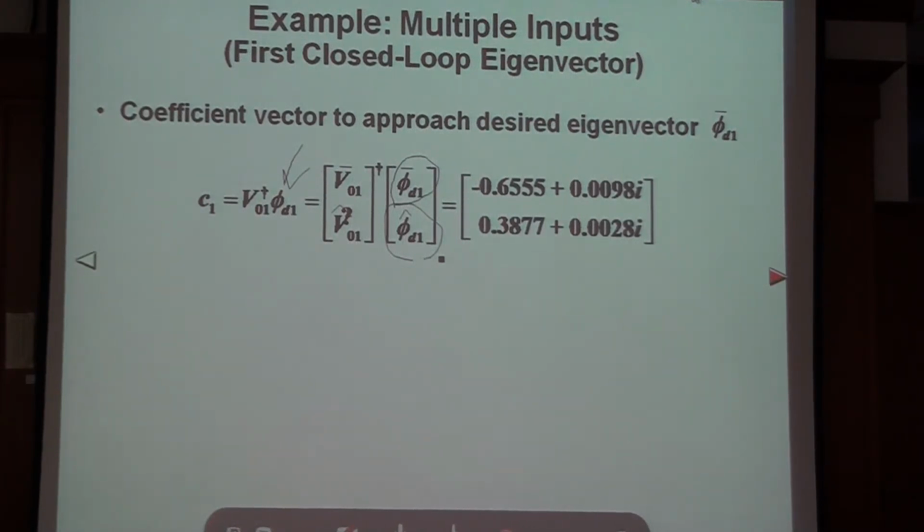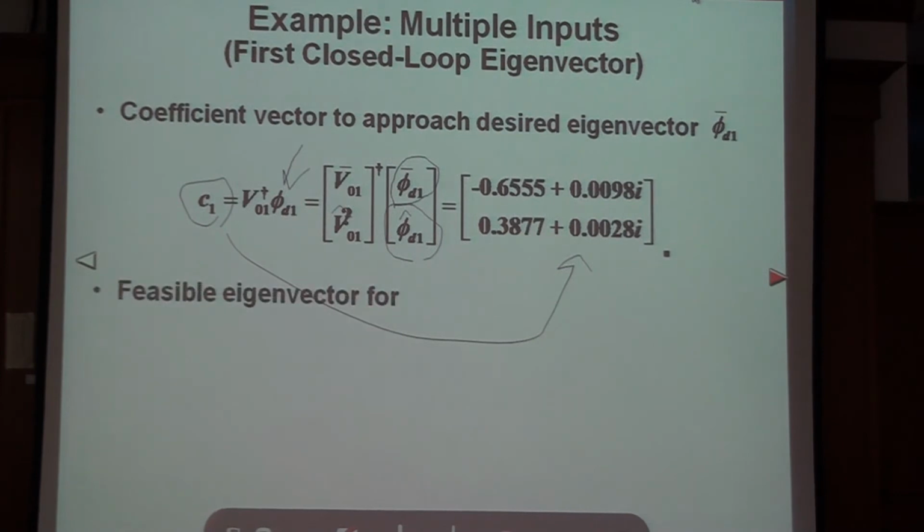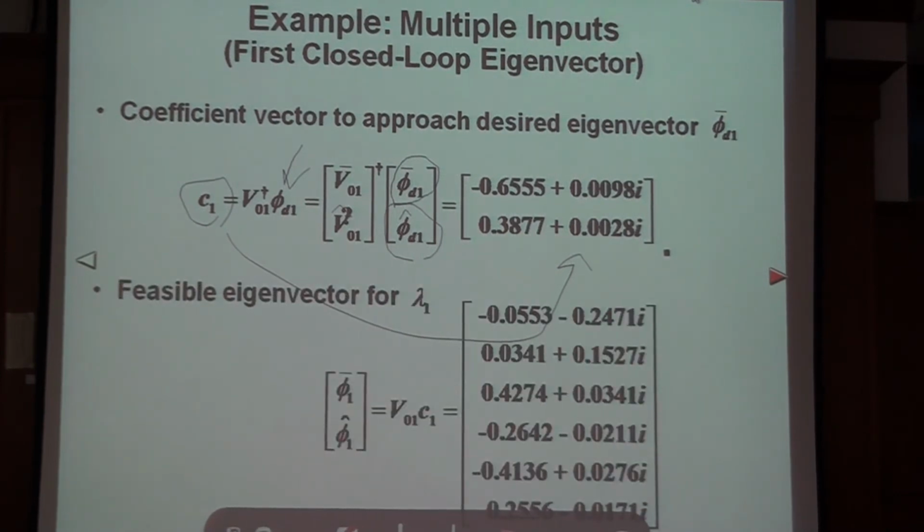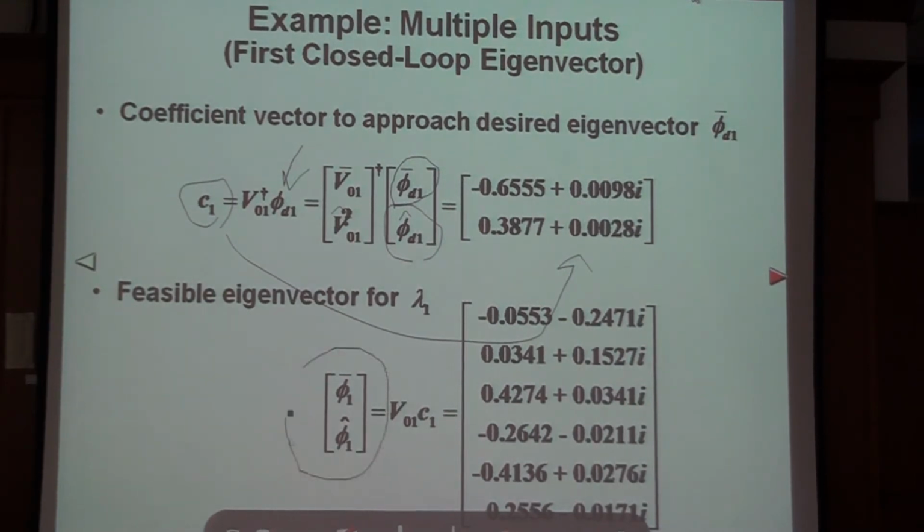If I do that, I can solve my C1. So my C1 is this. So now I get my C1. This is the eigenvector for number 1, that V01 times C1, that's the one I really get. This is the one I really get. But this is not the same thing as my desired one.